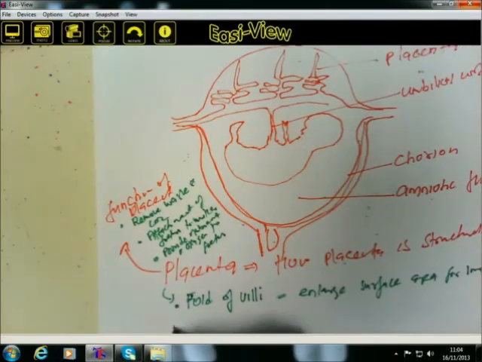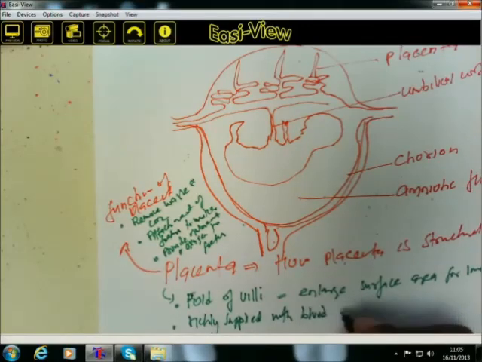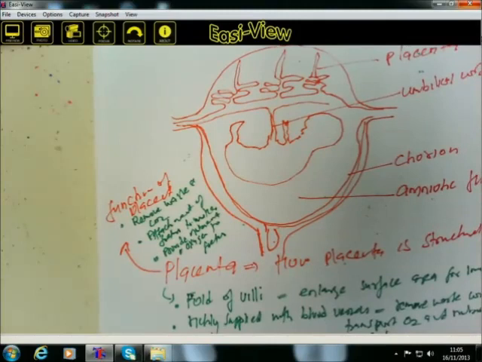Then also, it is richly supplied with blood vessels. Why blood vessels? To remove waste and carbon dioxide from the fetus, and to transport oxygen and nutrients to the fetus.